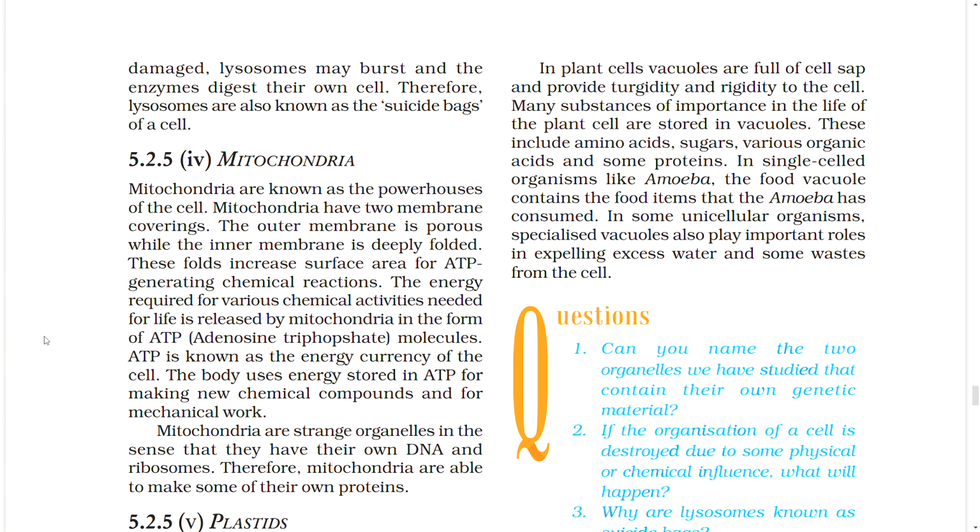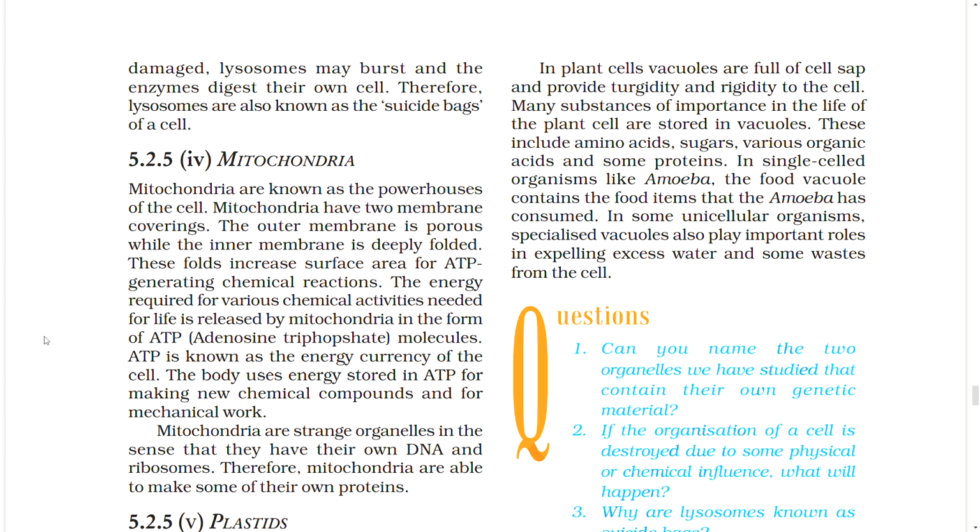5.2.54 Mitochondria. Mitochondria are known as the powerhouses of the cell. Mitochondria have two membrane coverings. The outer membrane is porous, while the inner membrane is deeply folded. These folds increase surface area for ATP generating chemical reactions.